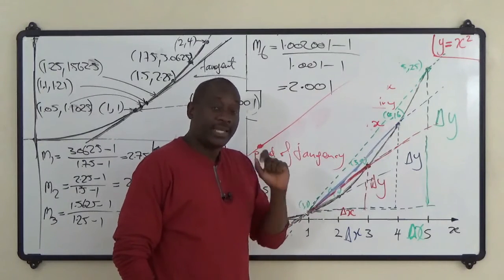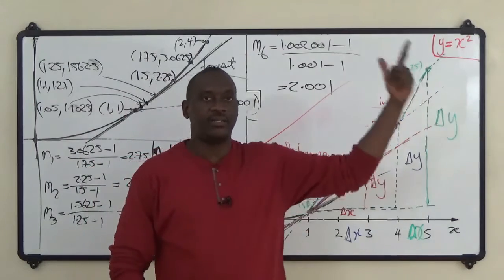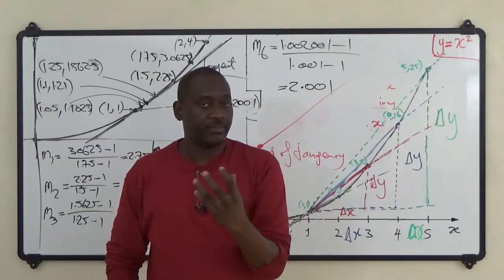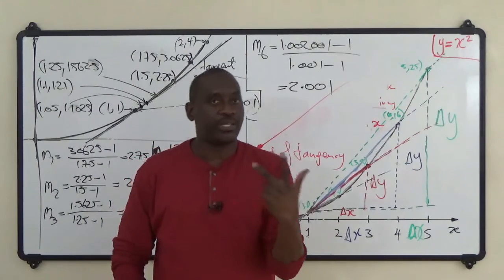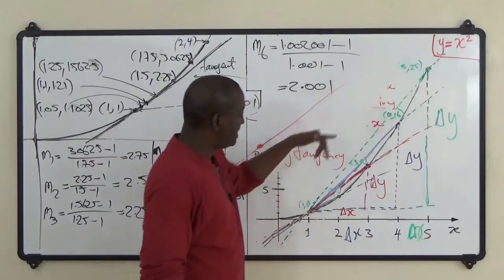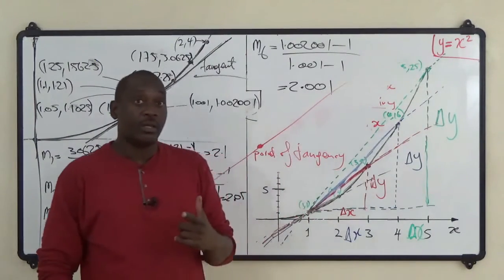So in the case of the curve, the concept of the gradient of the entire curve doesn't exist. But we can have the average gradient between 2 points on the curve, which is equal to the gradient of the line segment joining those 2 points.